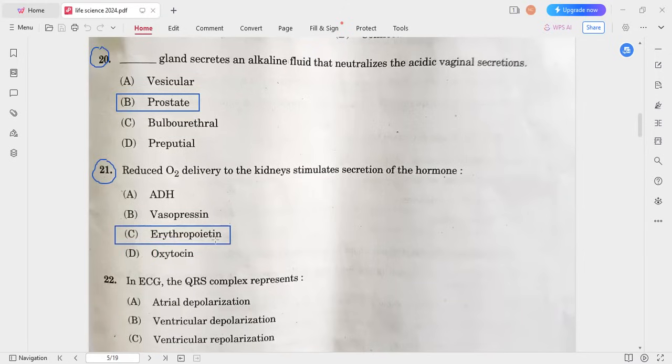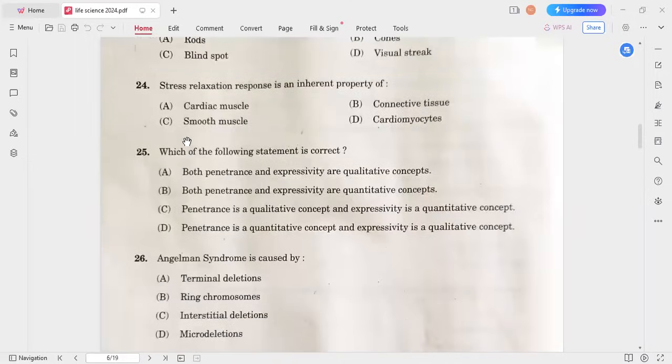Usually erythropoietin helps make RBCs, then RBCs deliver oxygen to tissues, and when kidney cells detect low blood oxygen levels, they increase the production of erythropoietin. So that's why option C, erythropoietin, is the correct answer for question number 21. Now move on to the next question, question number 22.